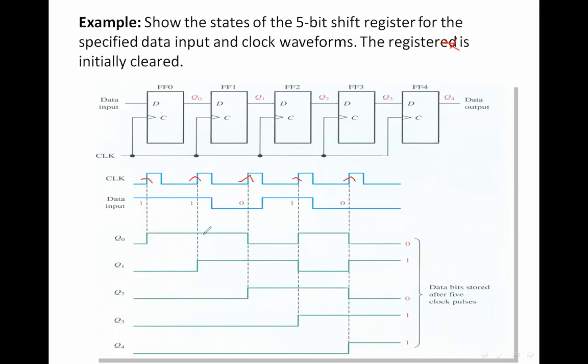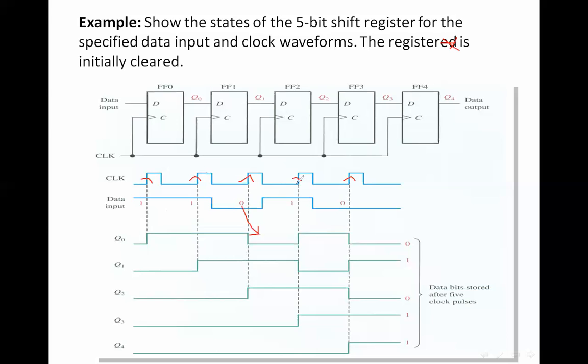Here also at this point of time the data is high, so it will remain high till the next clock pulse. During the next clock pulse, the value is 0, so that 0 will come and sit here. The value changes from high to low till the next clock pulse.